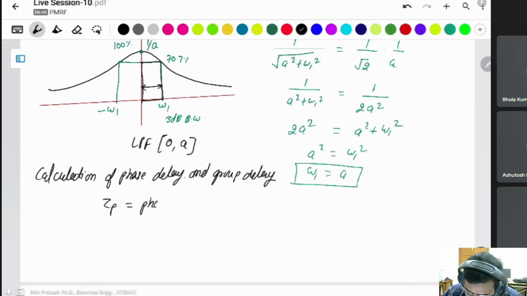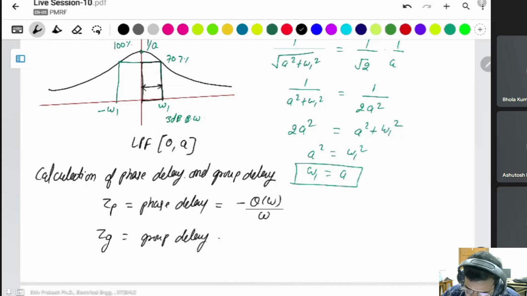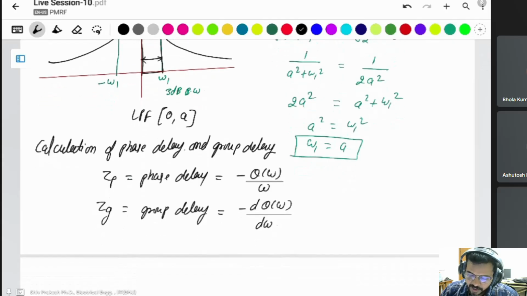This will be the phase delay, minus theta by omega, and the group delay is the negative slope of the angle.